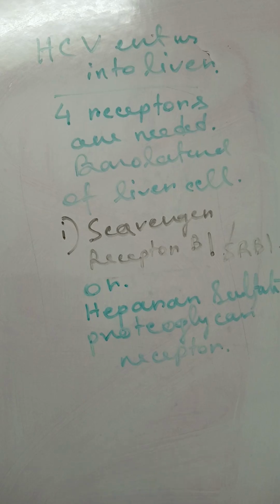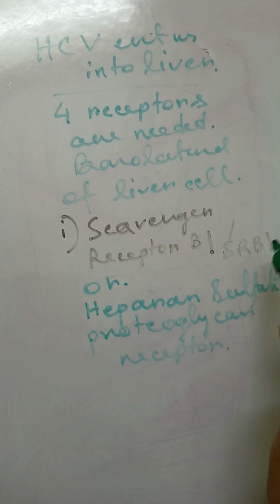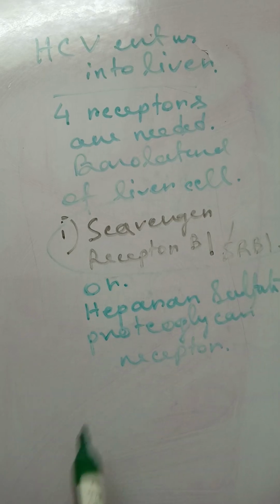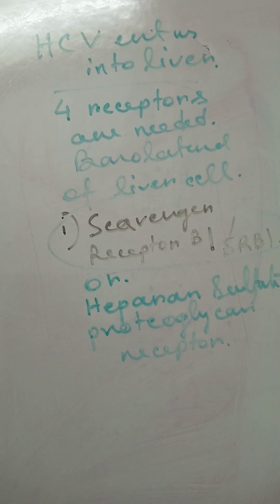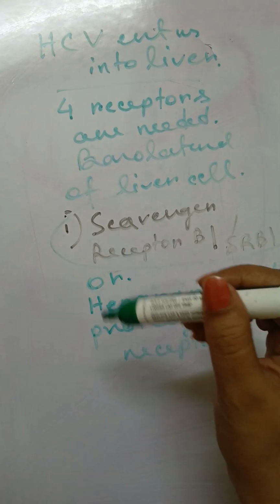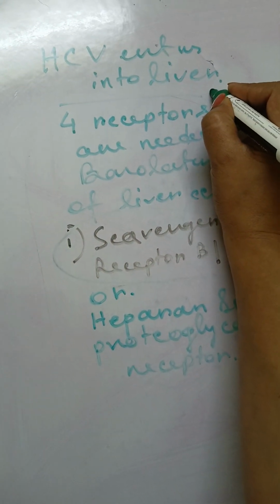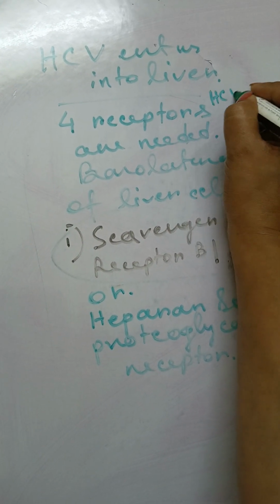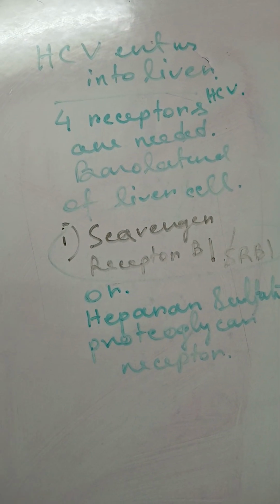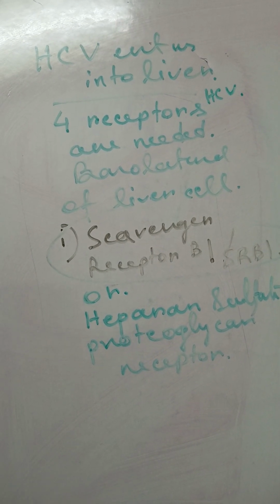So in most cases and in most review papers, all the authors focus on the scavenger receptor B1, which acts as an initial receptor to bind with the ligand, the glycoprotein present on the HCV. I'll come to that point a few moments later.